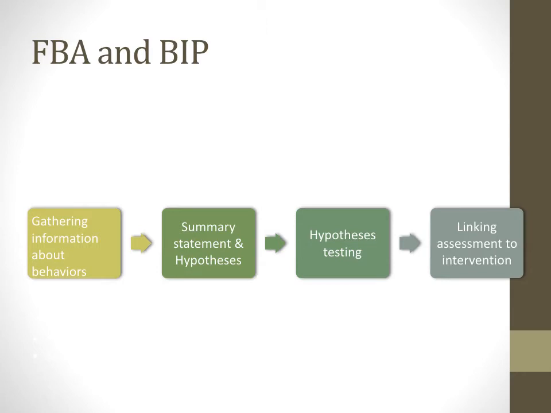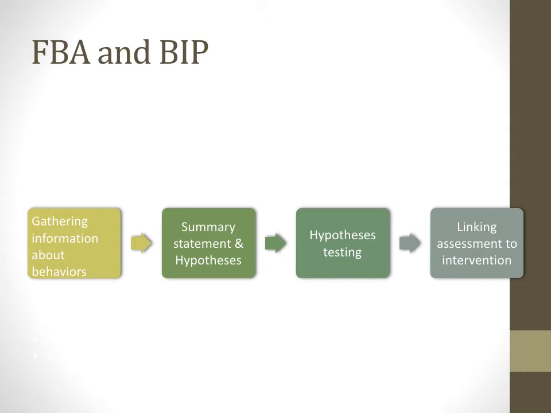Let's review the process of FBA and BIP. So you need to gather information about the challenging behaviors. You can do an interview, or you can use a rating scale, or you can do ABC analysis, or a scatter plot. And then you will come up with summary statements.